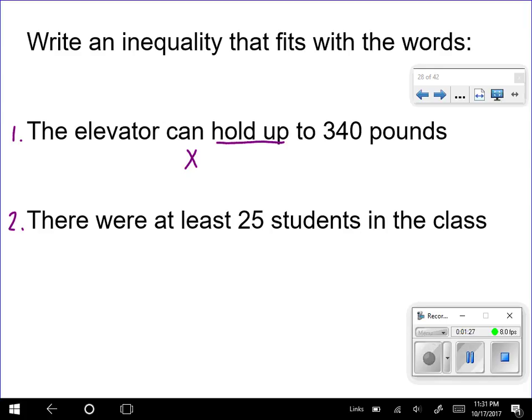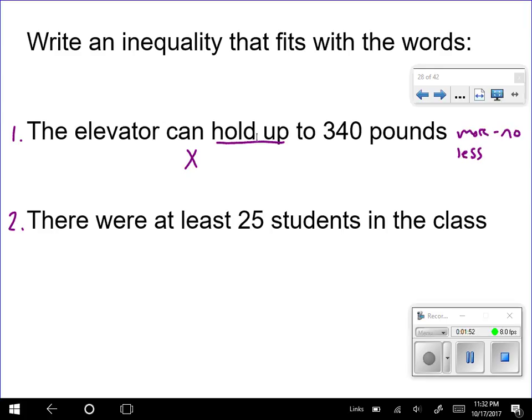What we generally start to ask ourselves is, can it hold more, can it hold less, and can it hold that amount? So, first question for you, can it hold more than 340 pounds? If it can hold up to 340 pounds, can it hold more than? Well, no, it can't. Can it hold less than?